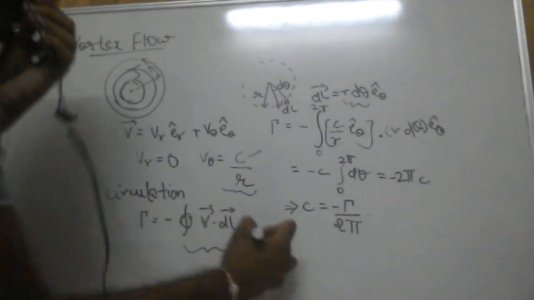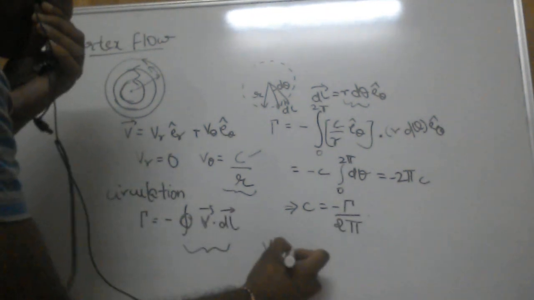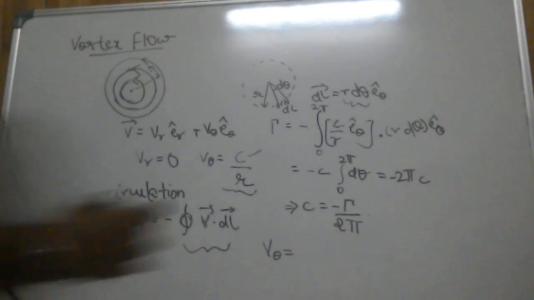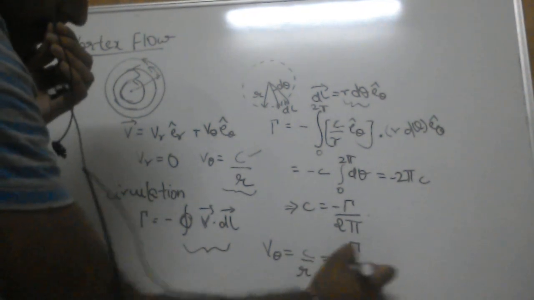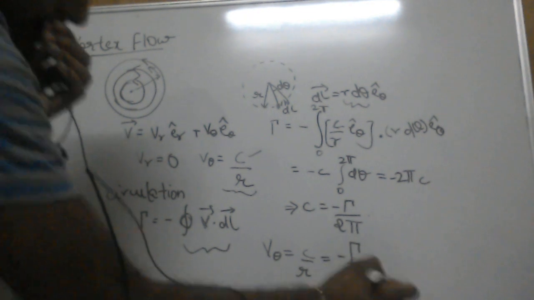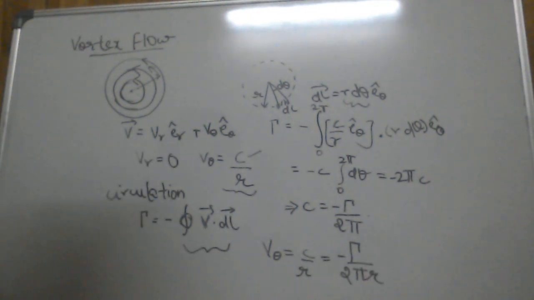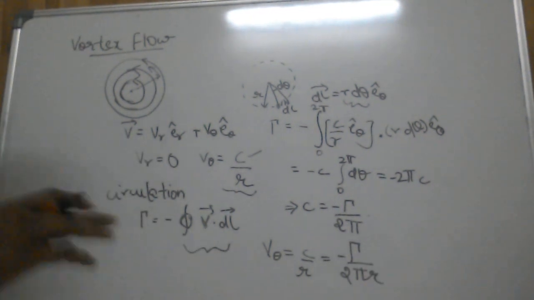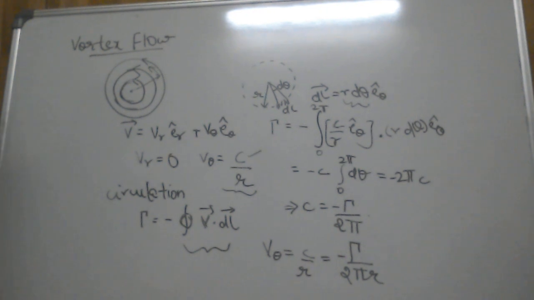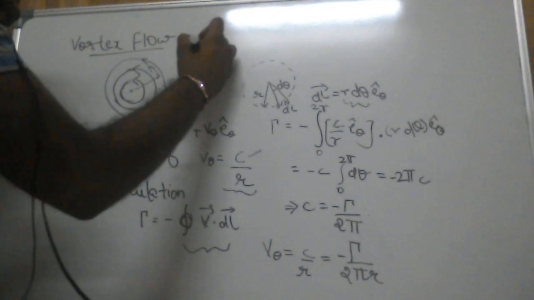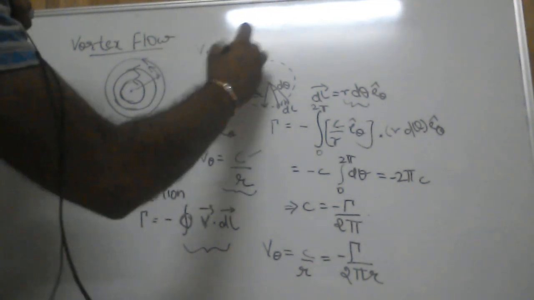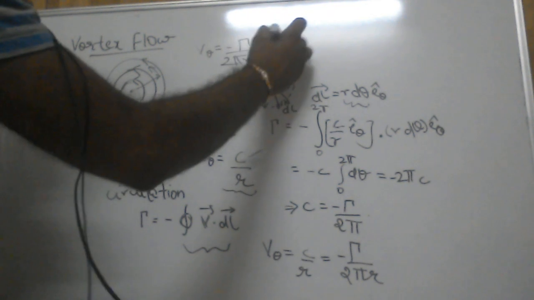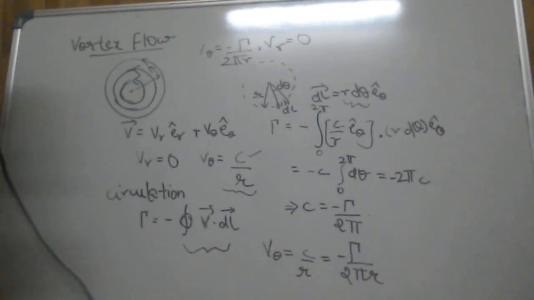So the velocity in the theta direction, V theta, which is C by r, is going to be minus gamma by 2 pi r. Let me just erase the board and retain the result. So we have V theta equal to minus gamma by 2 pi r, and V_r is 0.